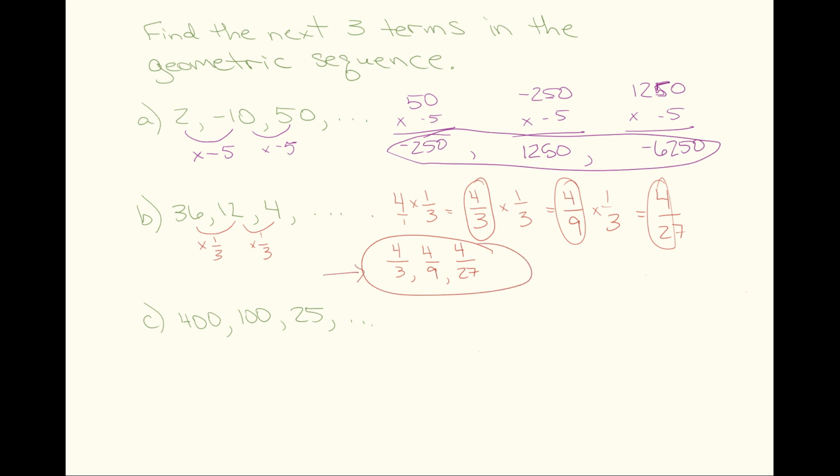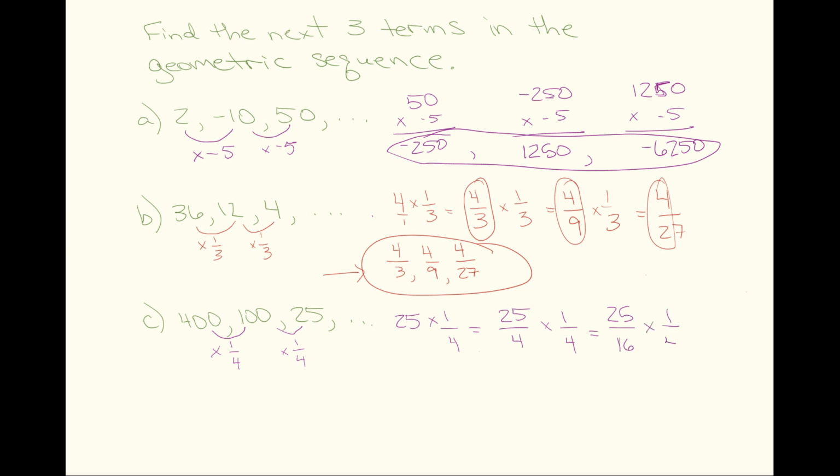Don't just circle individual numbers. The last one we have is 400, 125. So again, what are we doing between all these? Dividing by 4 or multiplying by 1/4? We take the last number of the sequence and multiply that by 1/4. We get 25 over 4. Multiply that by 1/4 and get 25 over 16.